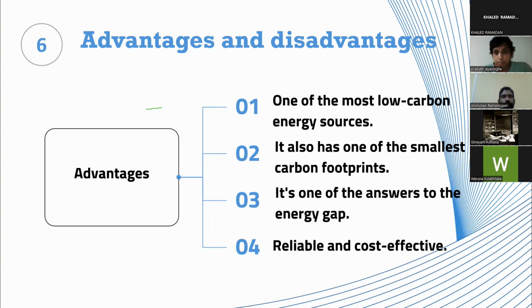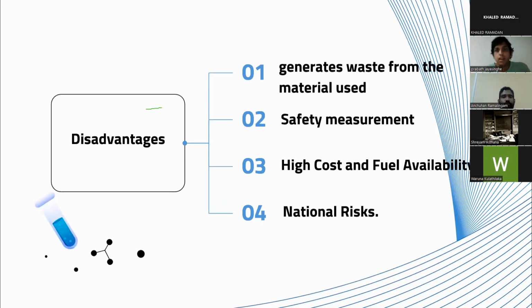So it's actually one of the best solutions, and at the same time it's reliable and cost effective. Okay, if we move to the disadvantages, we have nuclear waste unfortunately, but as long as we are keeping it in a safe area, there won't be a big issue.